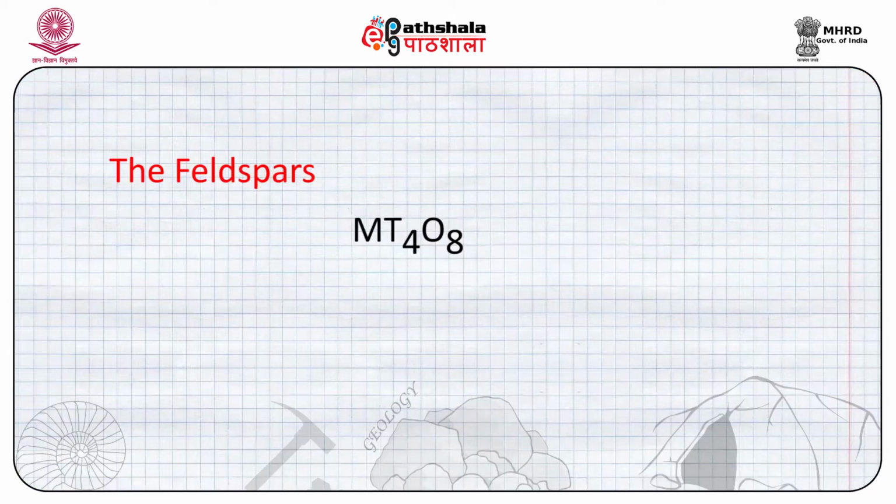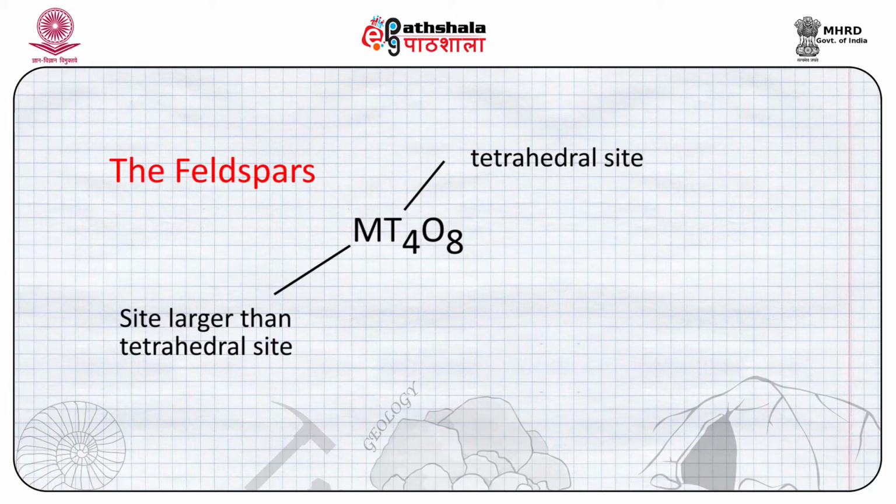Now, in this, T represents the tetrahedral site and M represents a site which has coordination larger than the tetrahedral site.